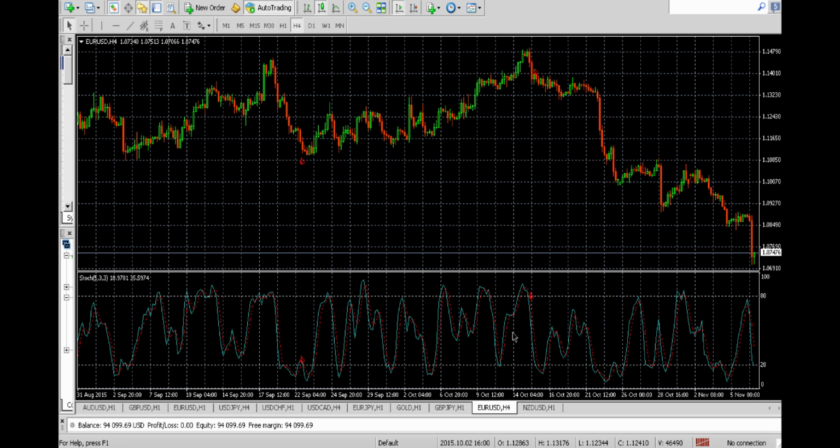Anything in between is really of no interest to us, unless it's divergence. What we look for in stochastic is just a reversal by the fast or slow line past the overbought and oversold levels.